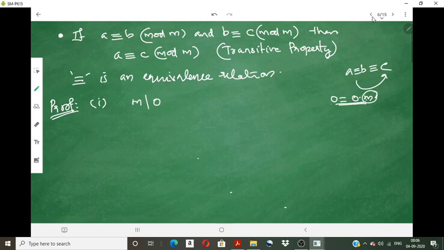So we can say that M divides 0, or M divides A minus A. So if M divides A minus A, by the definition of the congruence relation, this implies A is congruent to A modulo M. So this is the reflexive property.